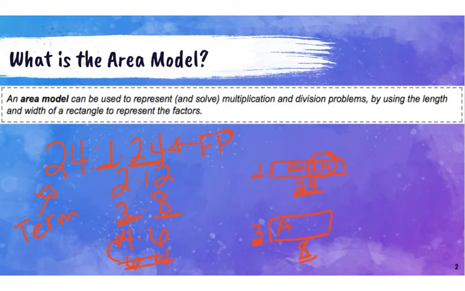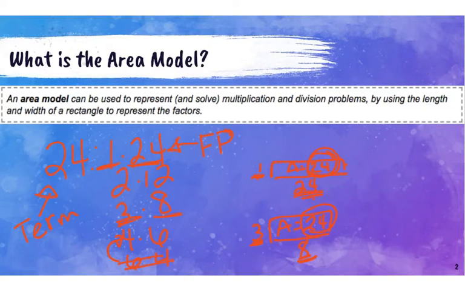The area inside is still 24 because 3 times 8 is 24, just like 1 times 24 was also 24. So these two have the same area, but they have different factors, or in this case, different lengths of the sides. Even though they're both rectangles, they look a little different.